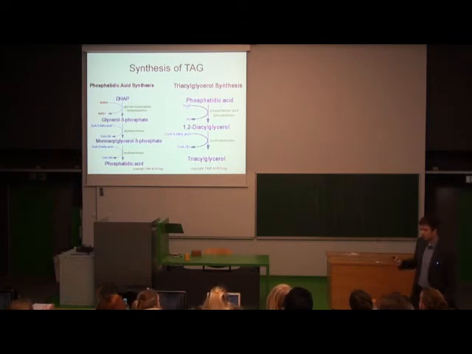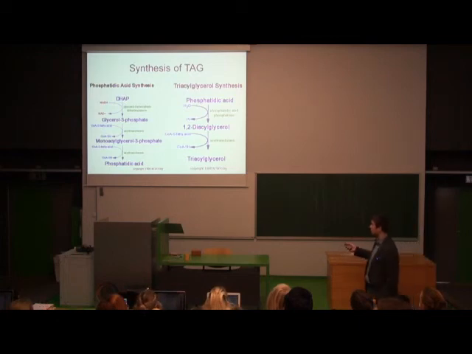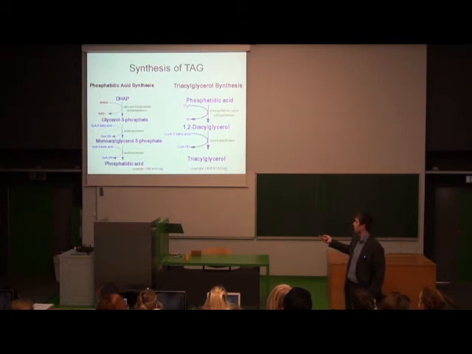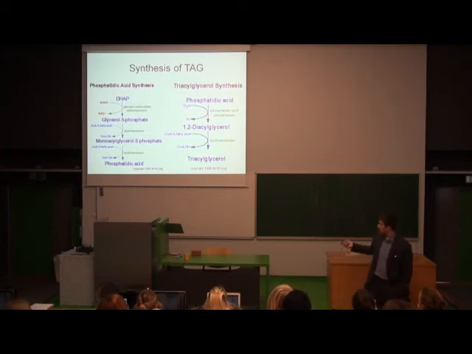Therefore, you take the phosphatase that removes the phosphate from the third carbon of glycerol. And in the last reaction, the diacylglycerol reacts with the third fatty acid, and you produce triacylglycerol.